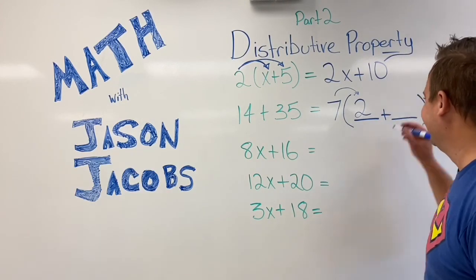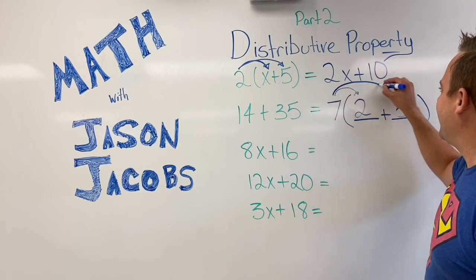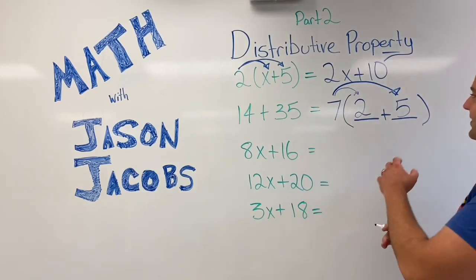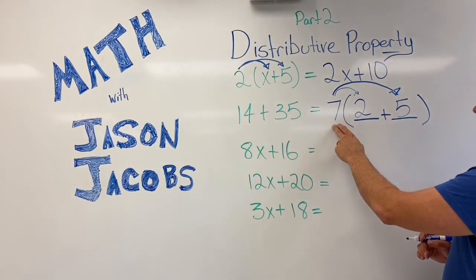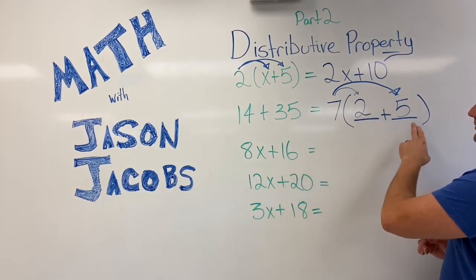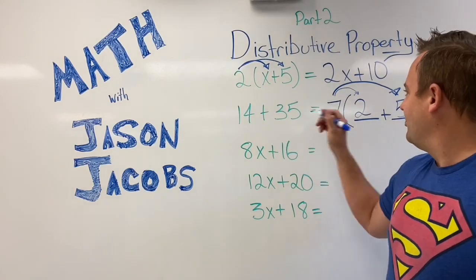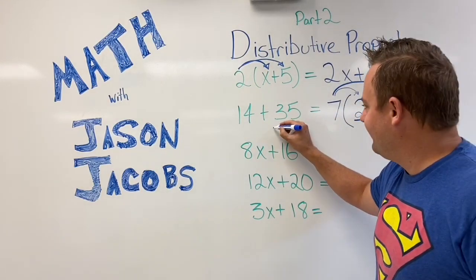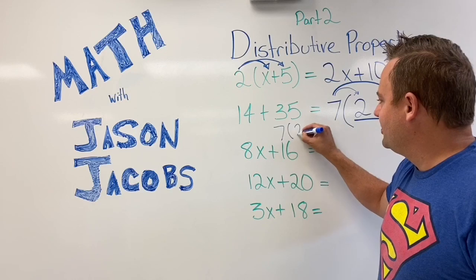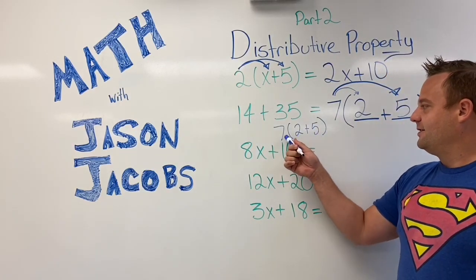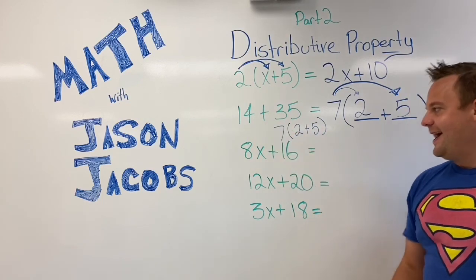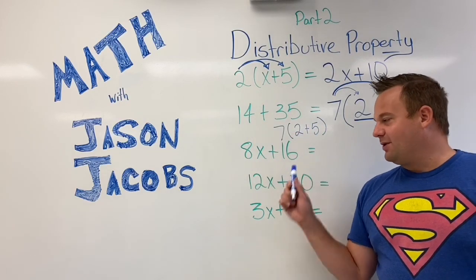So 7 times 5 is 35. So 14 plus 35 is the same as 7 times the quantity 2 plus 5. This equals this.